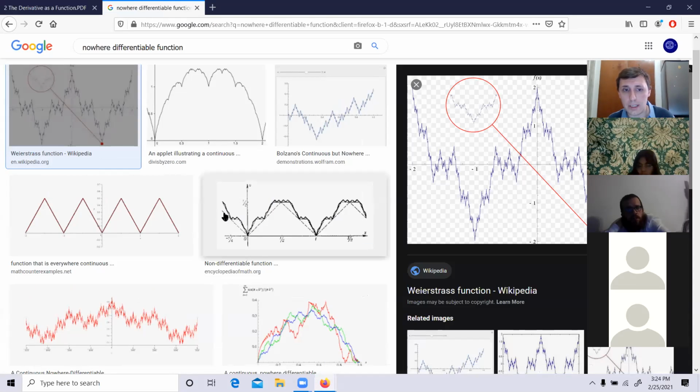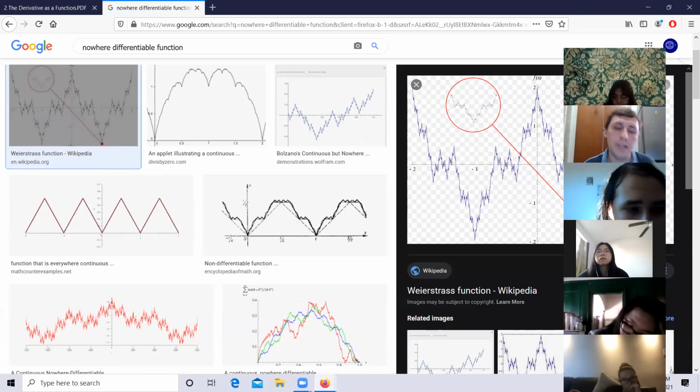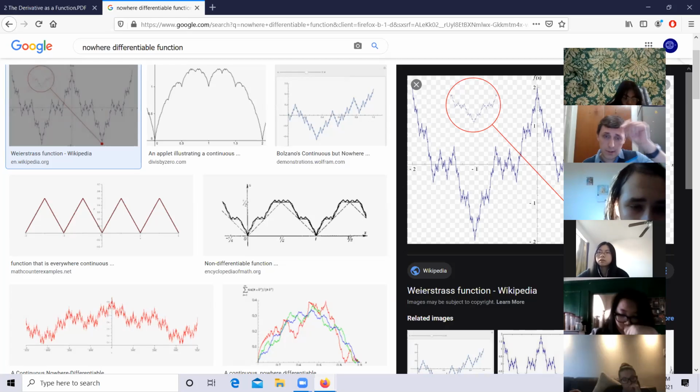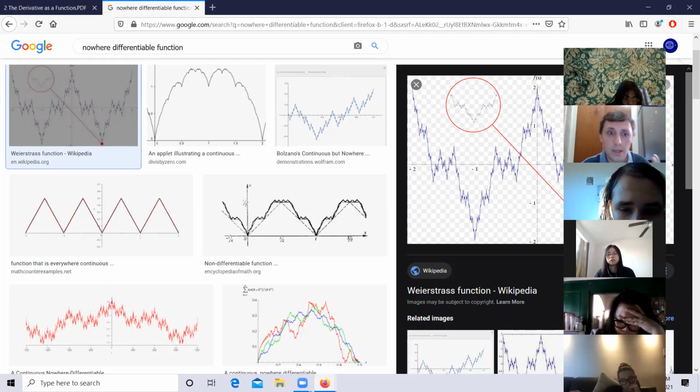You take this triangular shape and you superimpose more and more triangles. No matter how much you zoom in at any location, it will be serrated. Naturally, you cannot graph this function, it's very complicated. But you can mathematically describe it and show that no matter how close you zoom in, you're going to see this zigzag pattern.